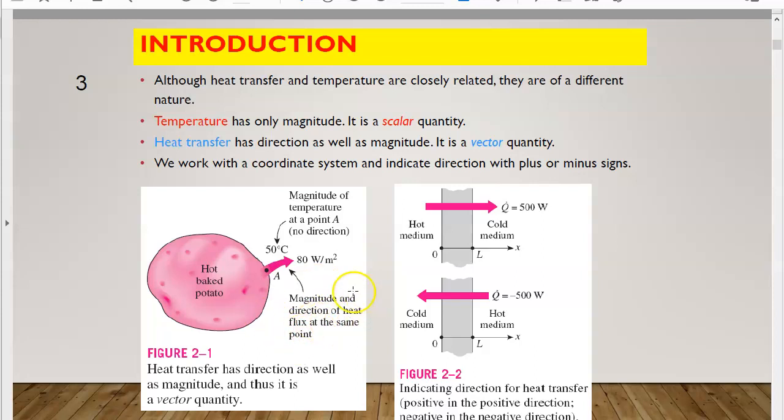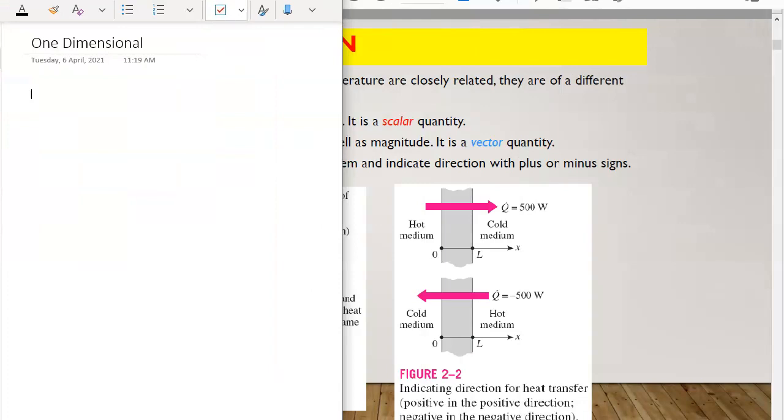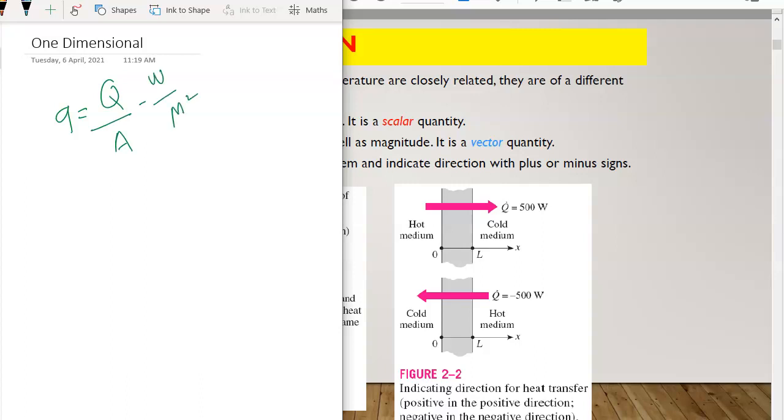Here it shows that we have a heat flux. Why heat flux? Heat flux is q equal to Q over A. The unit is watt per meter square.